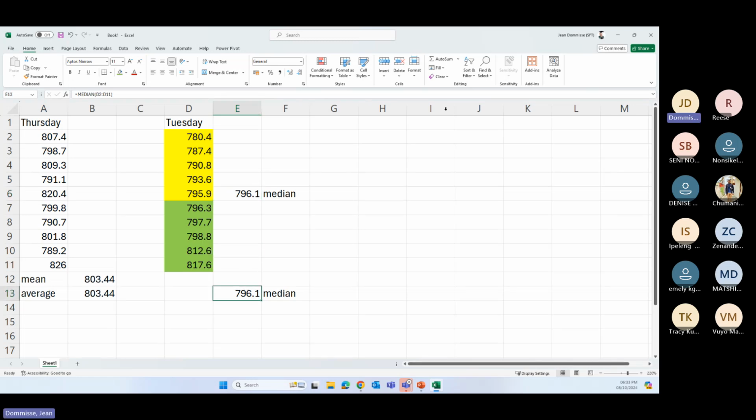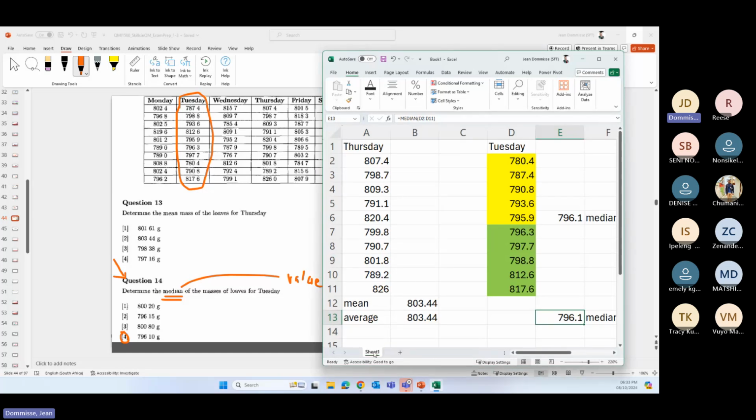Okay, so I will definitely share this spreadsheet with you so that you can work out questions 13 to 15 in this as well.